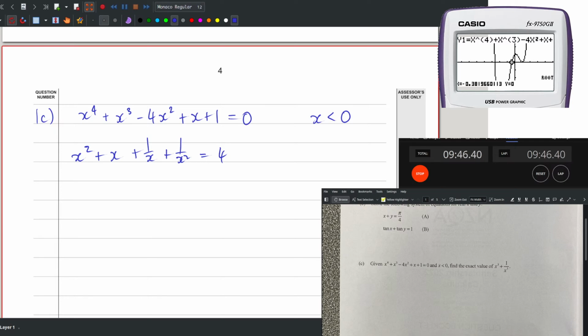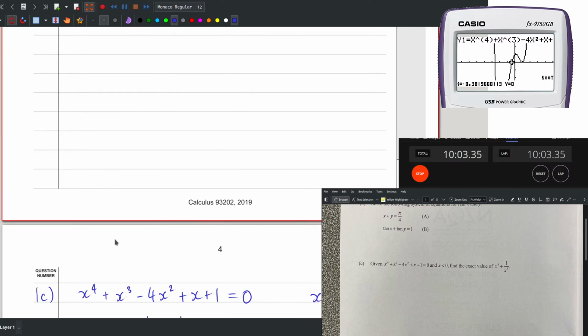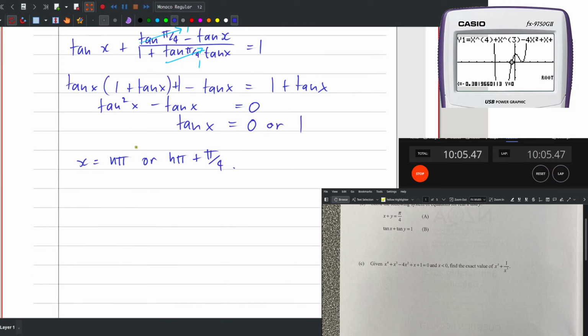It's interesting though because it's not clear how to proceed from here. Oh, well yeah, I mean okay, you solve for x and y, yeah.